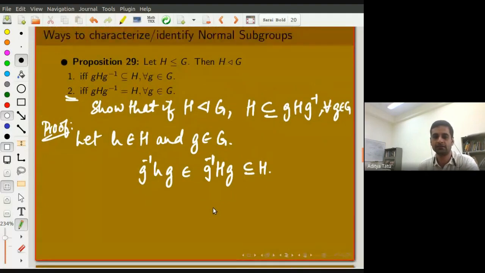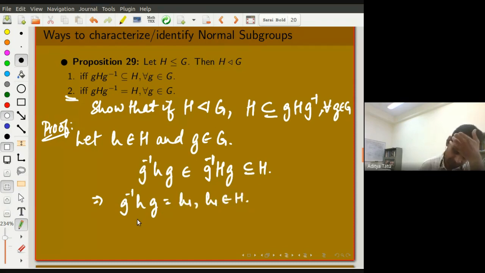So since this is a subset of H, G inverse HG is equal to some H1 in H, right? Then I think we are done, isn't it?